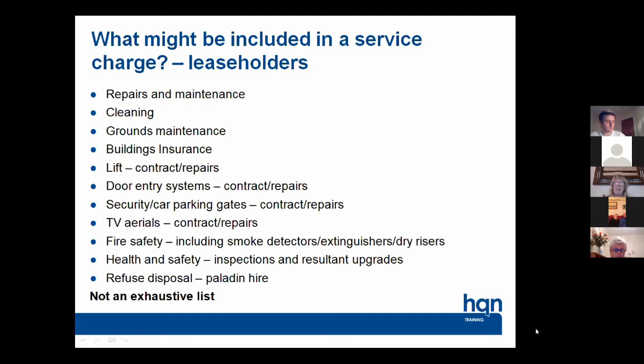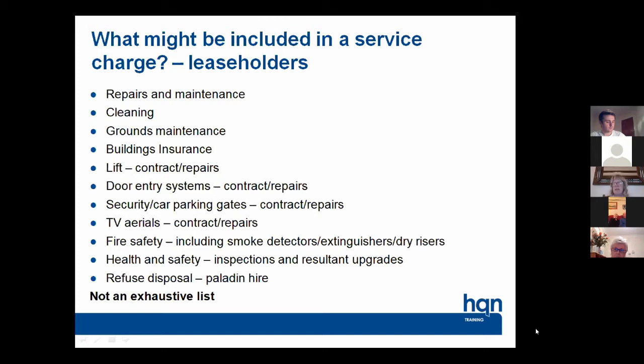Grounds maintenance across the estates, buildings insurance, and then all of the mechanical and electrical installations to the buildings, such as the lift, the door entry system, security, any car parking gates, TV aerials, any fire safety equipment, and they can recover the costs of any health and safety inspections, under fire regulations, Legionella or asbestos, any arrangements for removing rubbish.